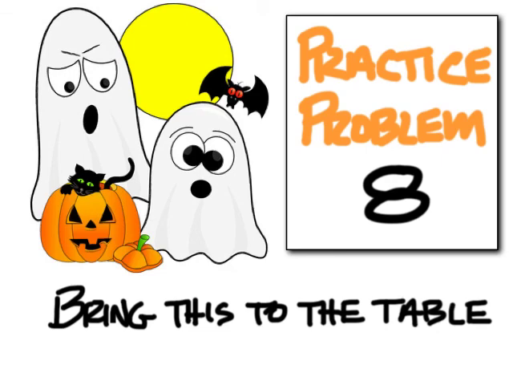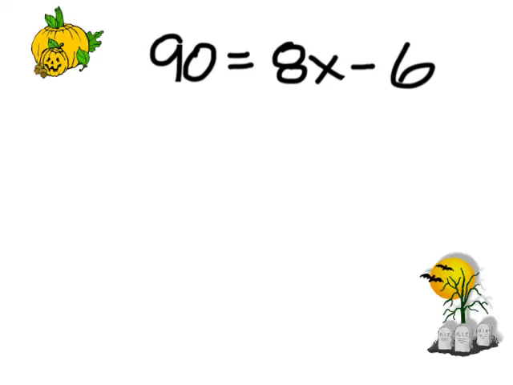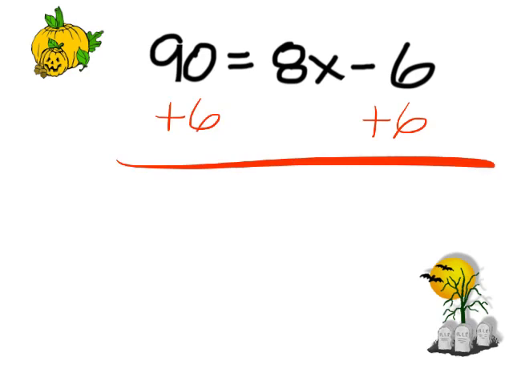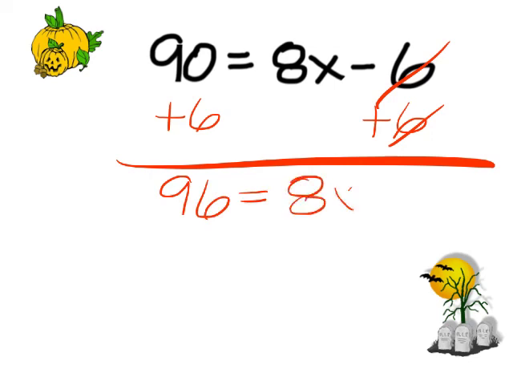Practice problem number 8. On the practice problem, add 6 to both sides. These cancel. You'll have 96 equals 8x.